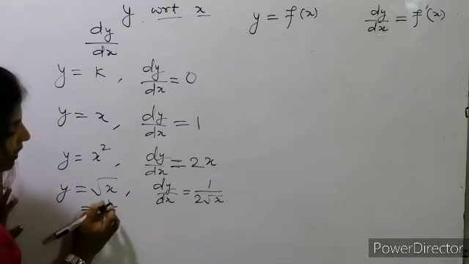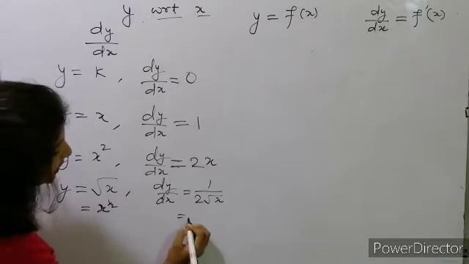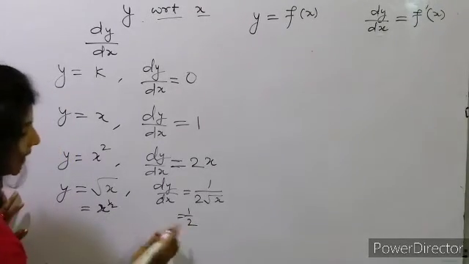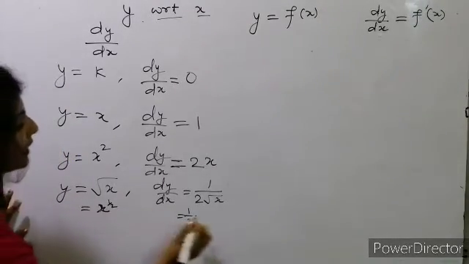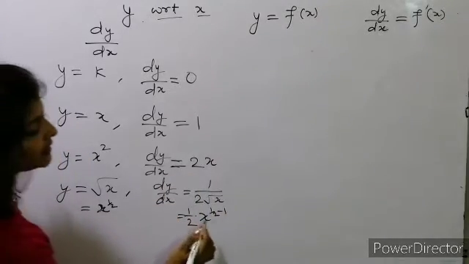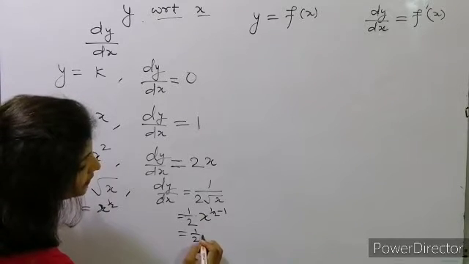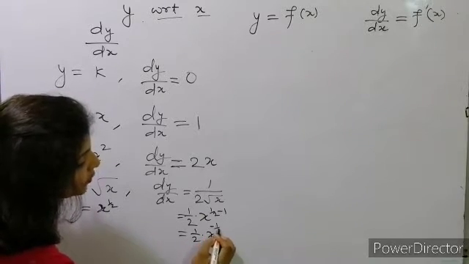So when the power is 1 upon 2, it will be 1 upon 2 in front, then we'll write x का power 1 upon 2 minus 1, because the power decreases by 1. When we subtract this, we'll get 1 upon 2 into x का power minus 1 upon 2.